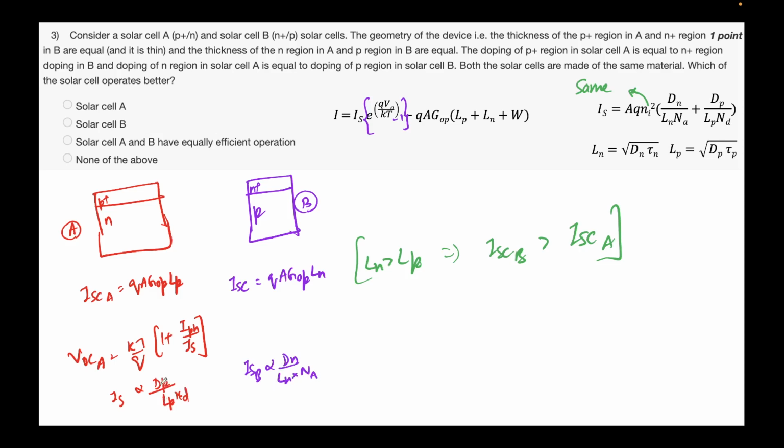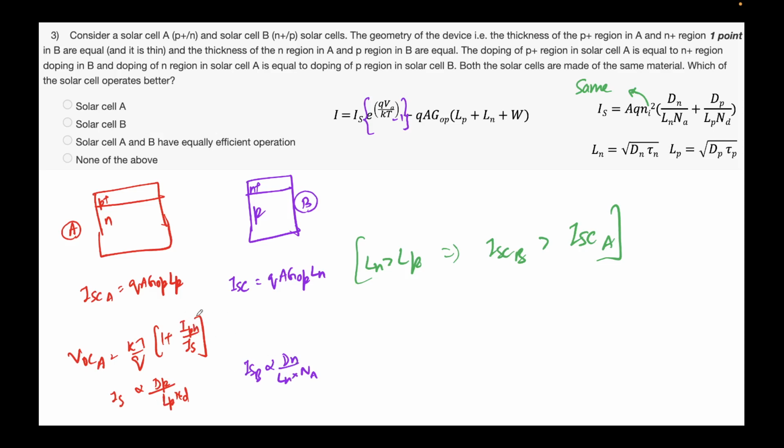The only thing it depends on is the respective ratios of DP over LP, and in this case DN over LN. They are different, but DN is higher and LN is also higher, so the ratios are more or less going to come out the same. The reverse saturation current will not differ by that much, but the photocurrents do differ.